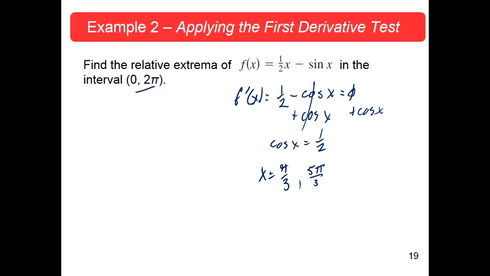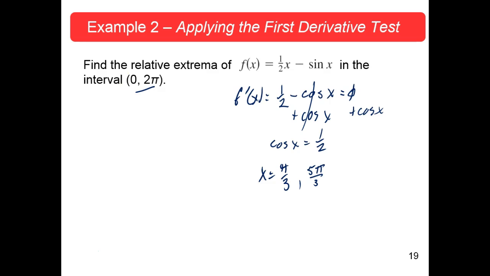So what are we going to have to do then to find the extrema? Plug the x into the original function, or just plug in a number that's less than the critical number.